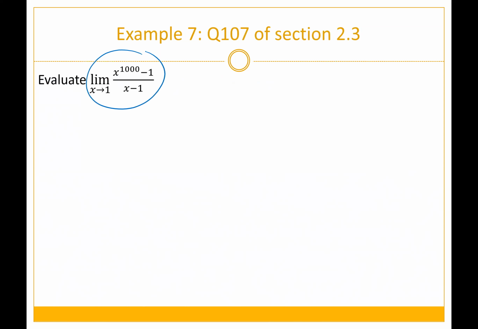So does anyone have any idea how to do this before I solve it? I just want to make sure we're on the same page. I'll give you 30 seconds, think about it.